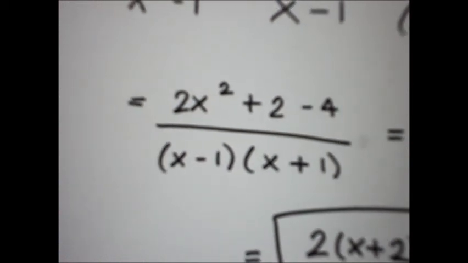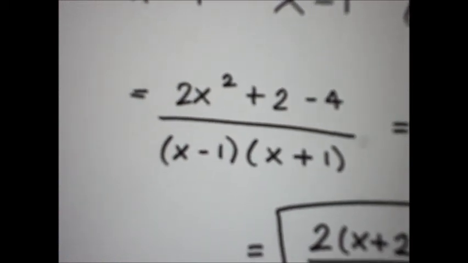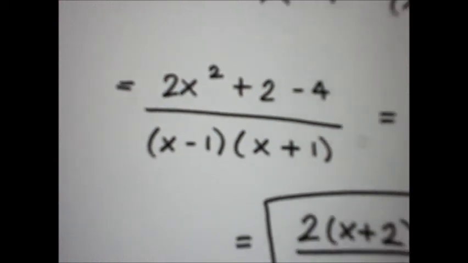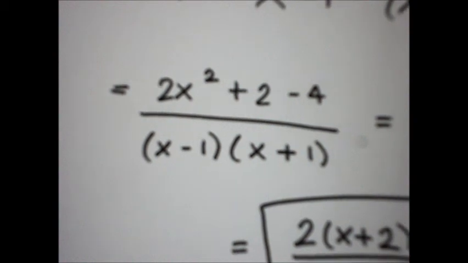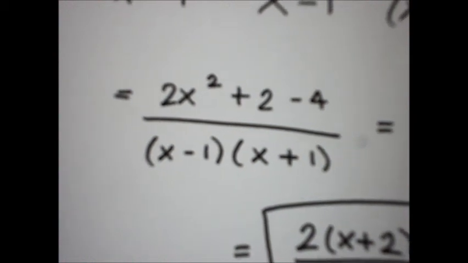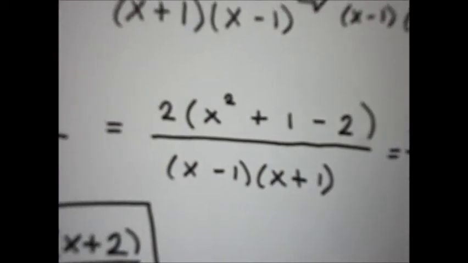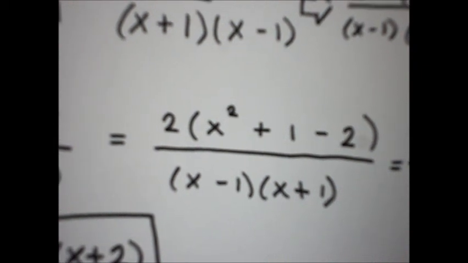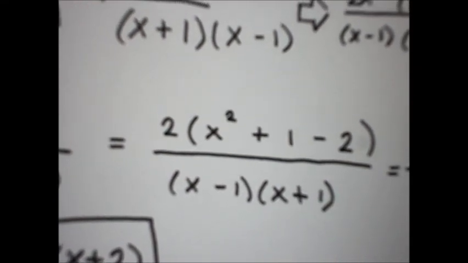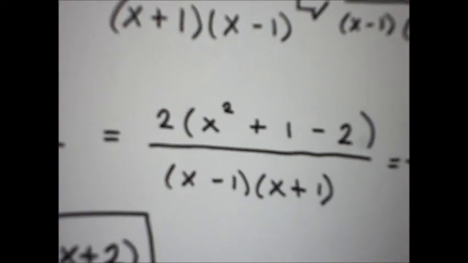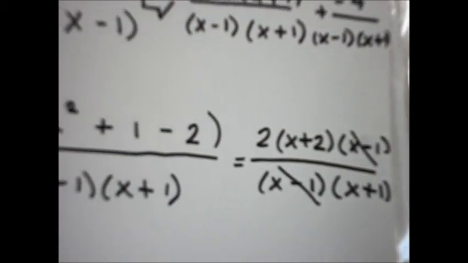And when you have this, you can see that you can factor it out with GCF. And so you can use 2 as your GCF, and the answer will become x squared plus x minus 2. And when you see this, you can see that you can still factor it out because x squared plus x minus 2 is a trinomial. And so the answer will become this.